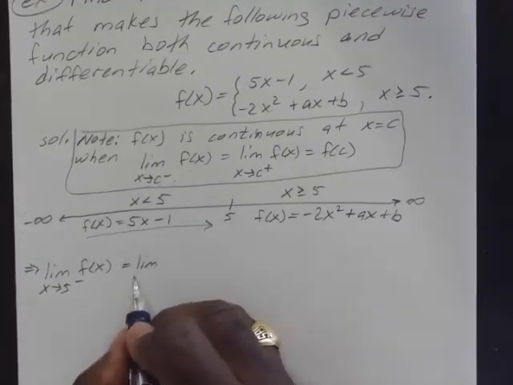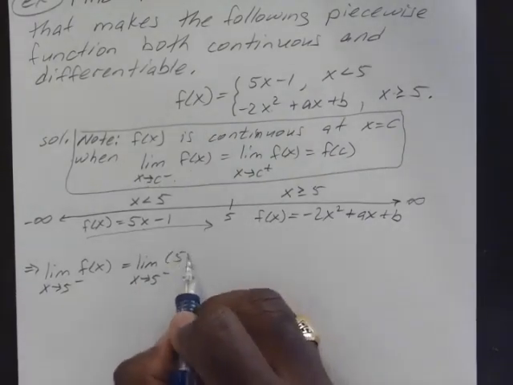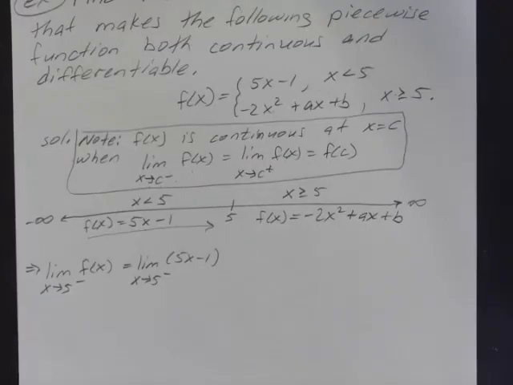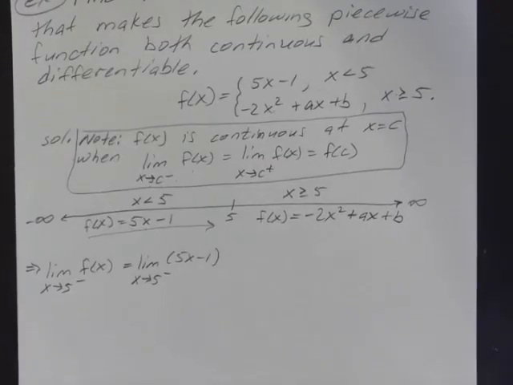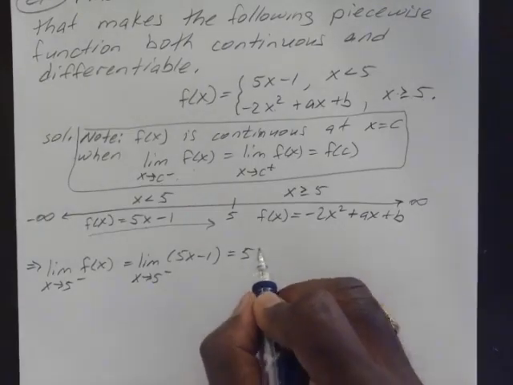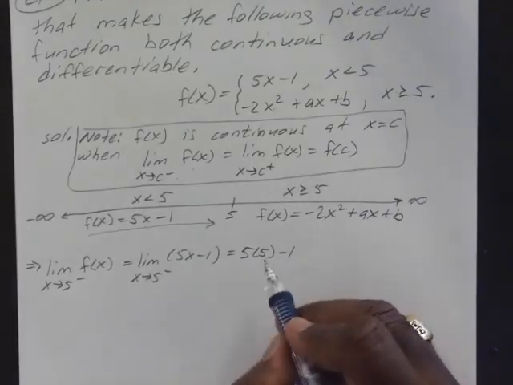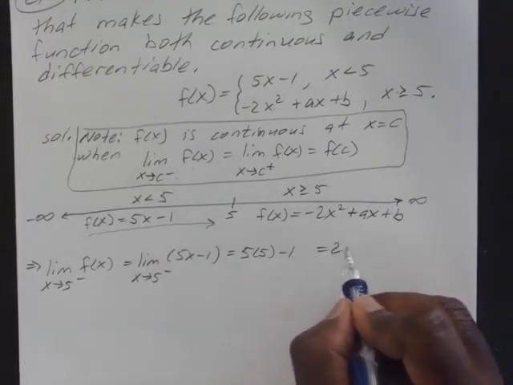So that's the limit as x approaches 5 from the left of 5x minus 1. So again, if we use direct substitution, that's just 5 times 5 minus 1, which is 25 minus 1, which is 24.